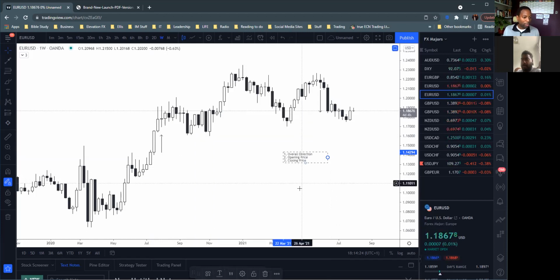Okay, so you get two other pieces of information within every single candle. As well as the overall direction, the opening price and the closing price, you also get the lowest price of that period and the highest price of that period. On this white candle here, the lowest price would be at this point, and the highest price, you can hardly see it because the candle closed right near the high.